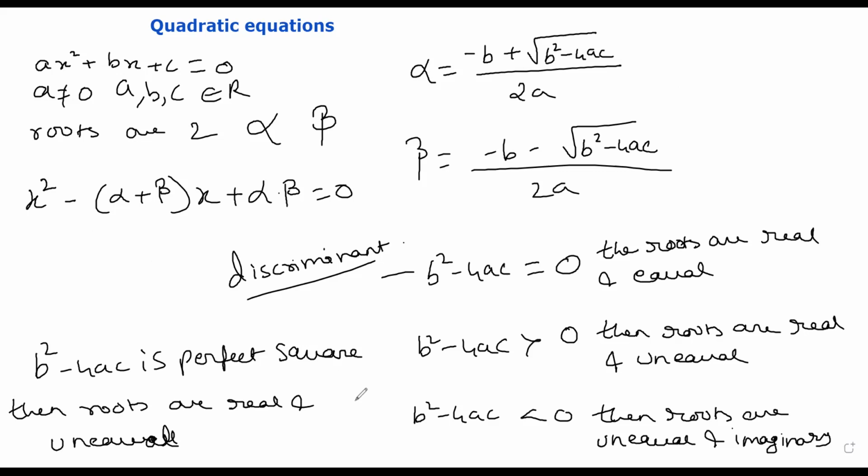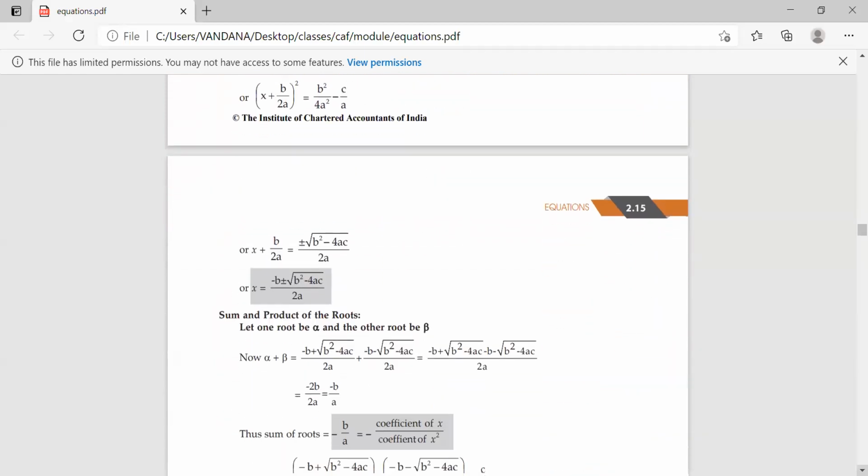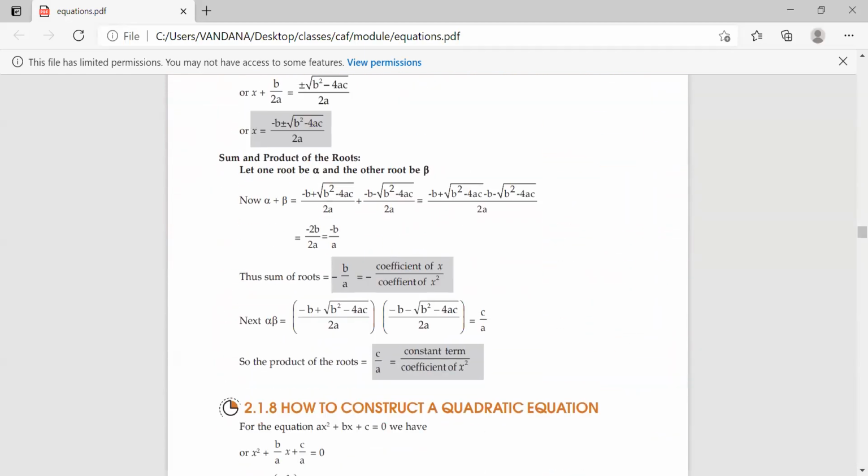There are many properties of quadratic equation that we should know. So quadratic equation has two roots, that is minus b plus minus under root b square minus 4ac upon 2a. The sum of the roots, this is very important.